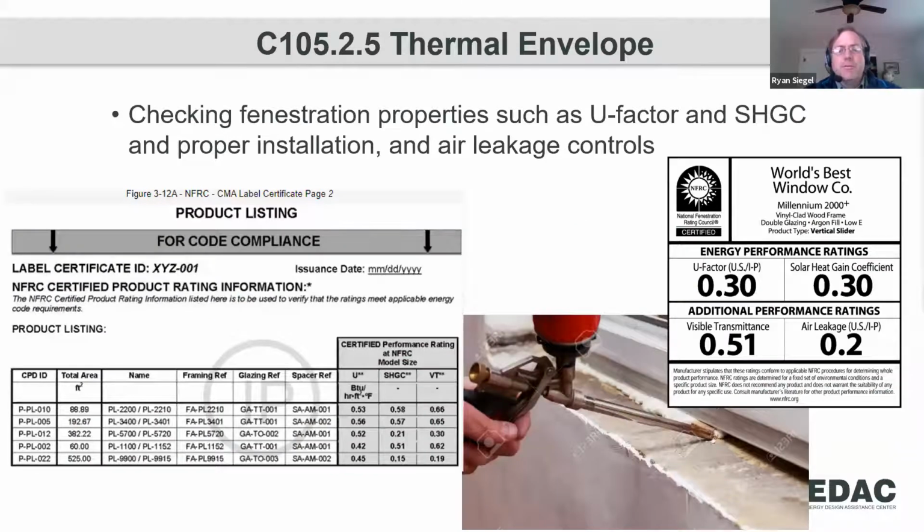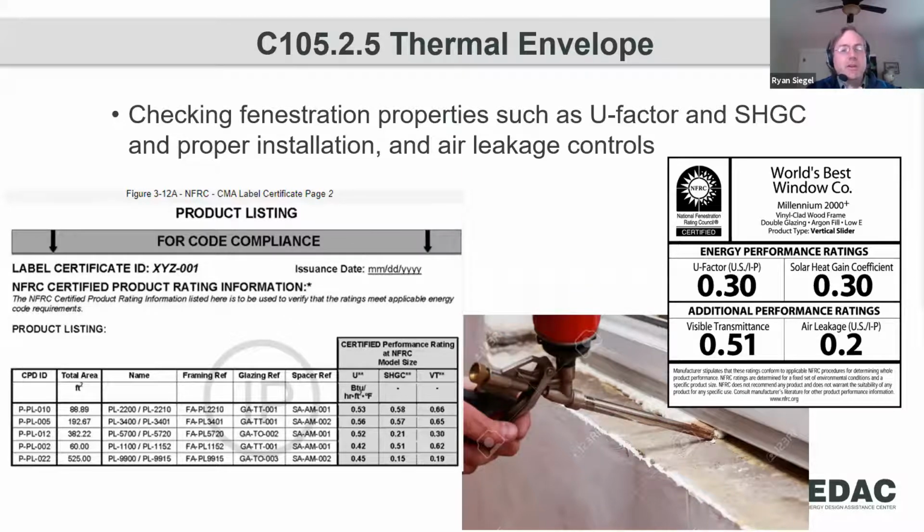Also looking for the fenestration. So now that we've gotten through our walls and checking for our thermal insulation, now moving over to fenestration and checking, do we have the appropriate labeling for site-built windows? Those need to also be rated, and that rating needs to be provided to the code official. So this is something that NFRC does have a method to provide.